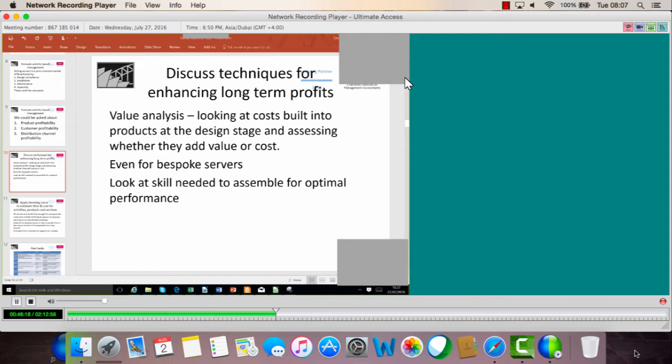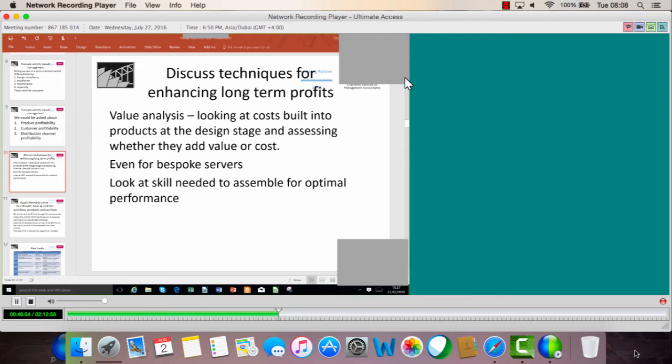Value analysis fits into target costing, and value analysis is what you do when you've recognized that the target cost is lower than the expected cost that your engineers have worked out that you would incur, and you then go back to try and establish how you deal with that gap between the engineering cost and the target cost.